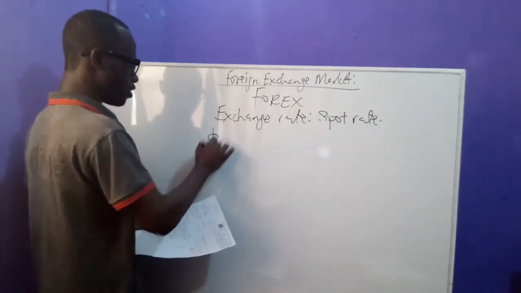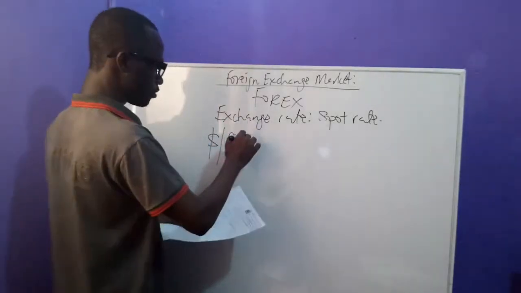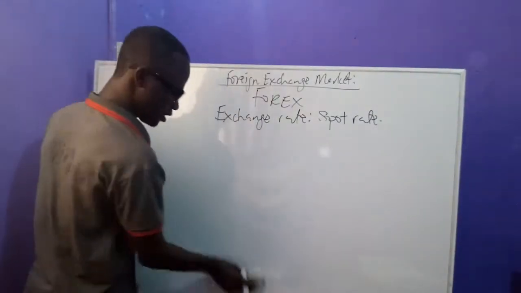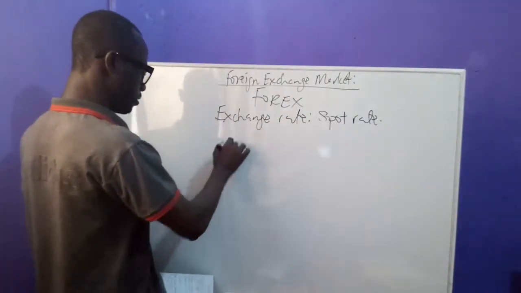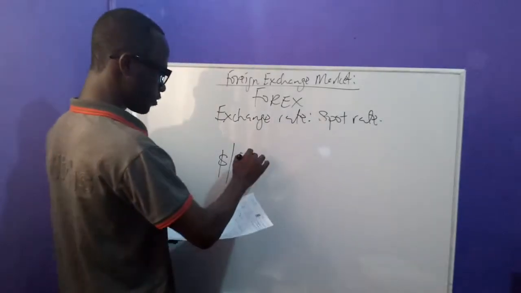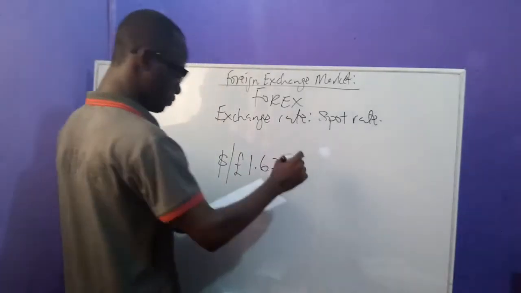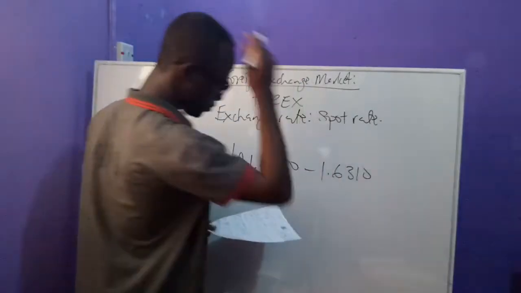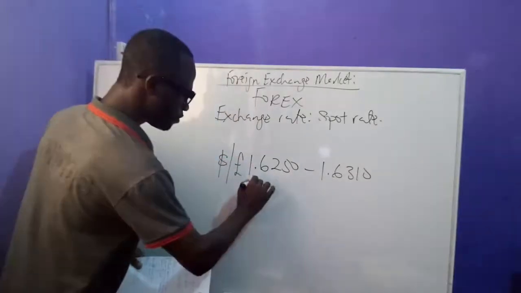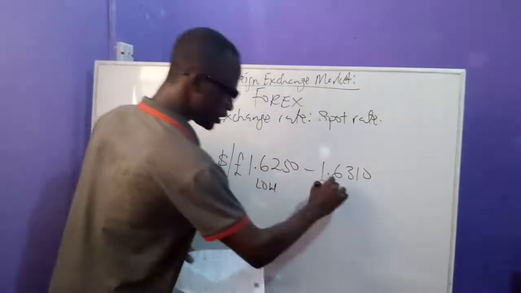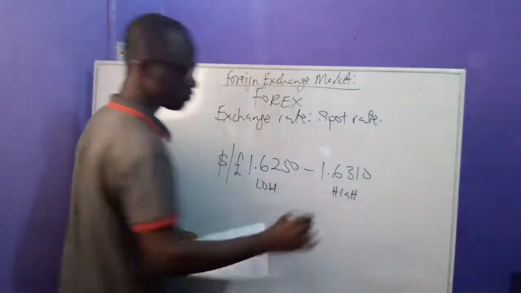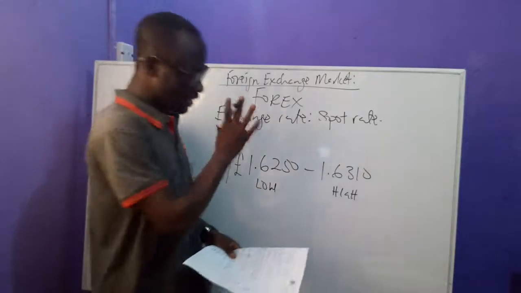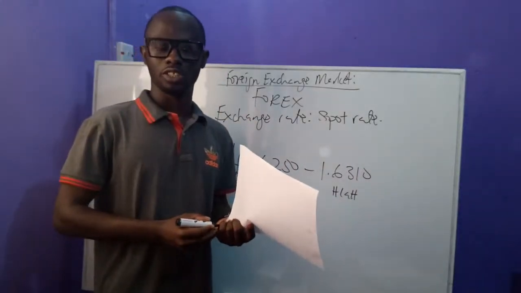For instance, I'm going to have this: 1.6250 to 1.6310. We are always going to have the low rate here and then the high rate here. In the exam hall, that is how the exchange rate is going to be quoted.